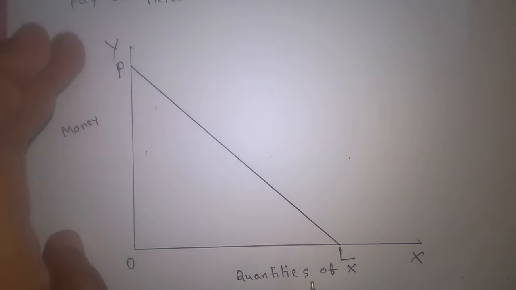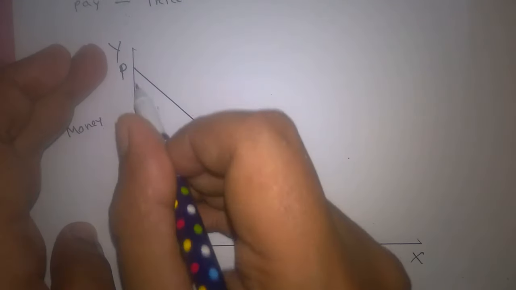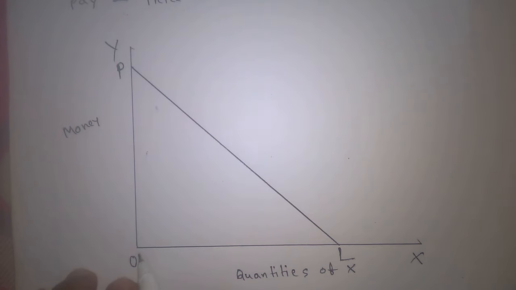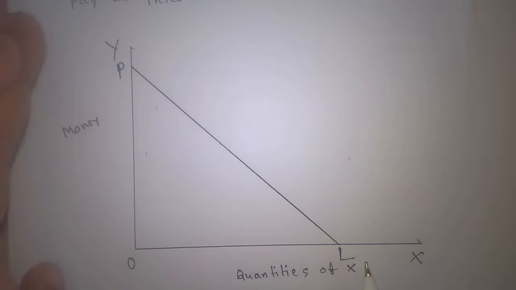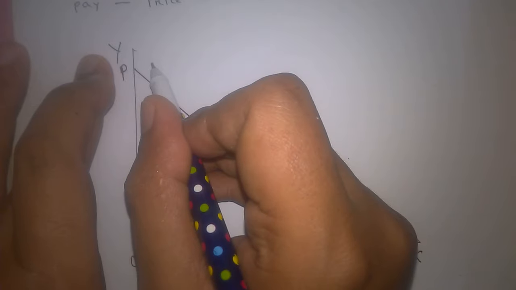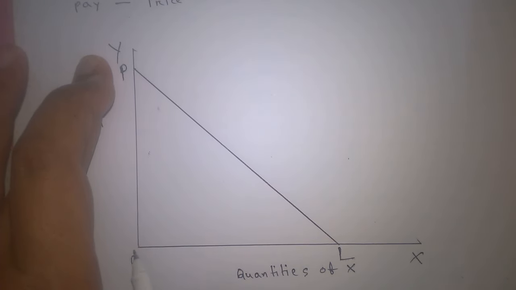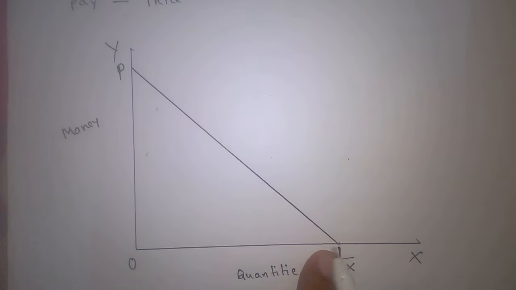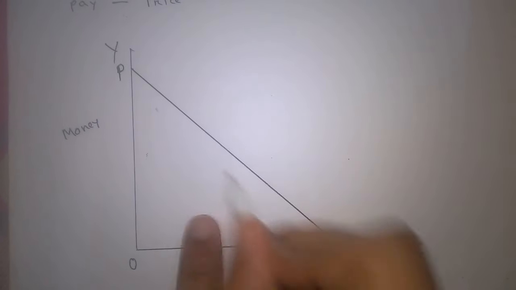You can either purchase OL quantities of product X with all your money, or you can keep all your money in your pocket, which is OP, and not purchase any product at all, which means the quantity will be 0. So we just added these two points, and this is our budget line.